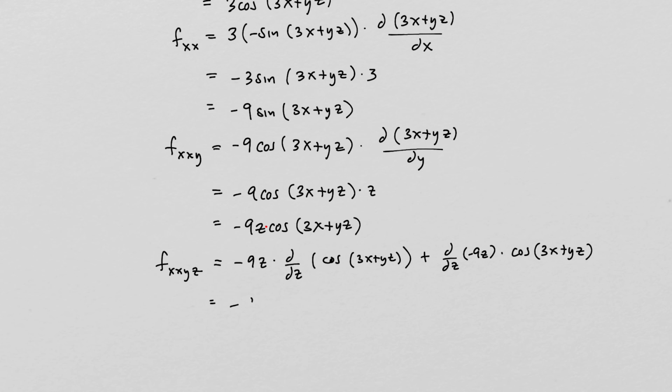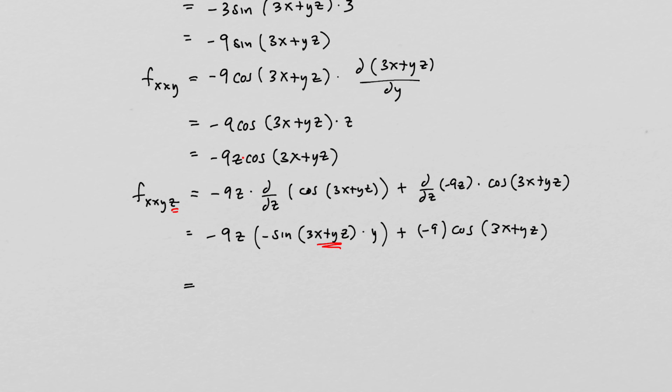So this is negative 9z. Derivative of cosine of anything is negative sine of that thing, multiplied by the derivative of this thing with respect to z. That is going to be y. Plus the derivative of negative 9z with respect to z is negative 9, and then cosine 3x plus yz. And now we just clean it up.